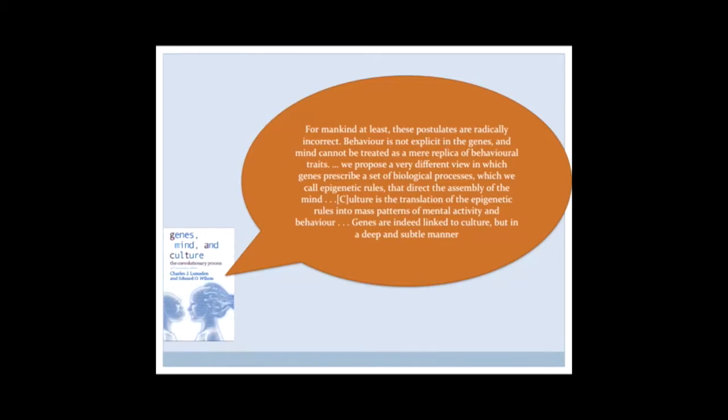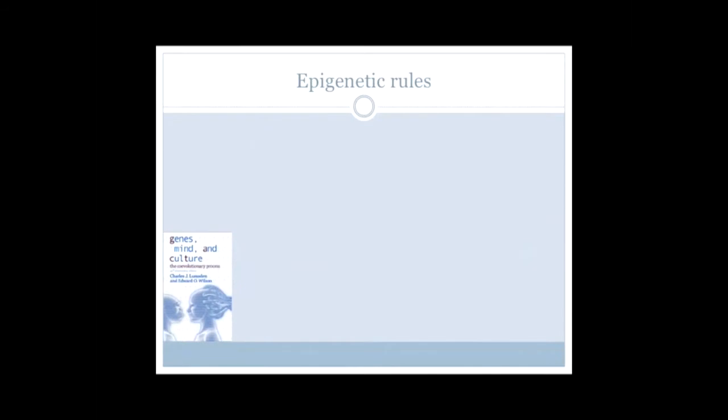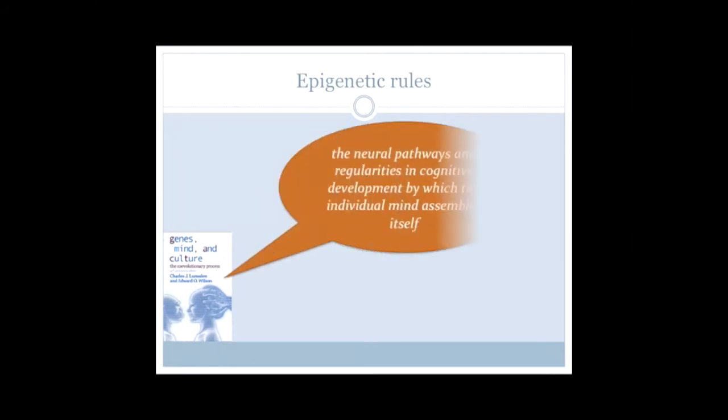It's actually a very reductionist claim, and it chains the mind to our evolutionary inheritance. And Wilson laid down the epigenetic rules, the neural pathways and regularities in cognitive development by which the individual mind assembles itself. And then individual minds working together, having been assembled from this evolutionary inheritance, produce culture.